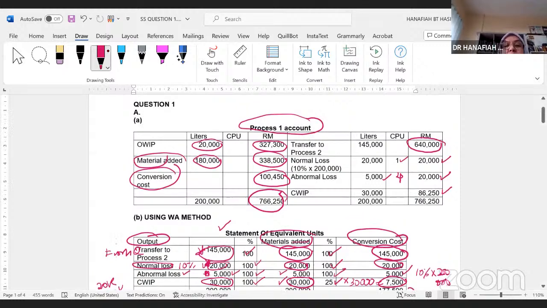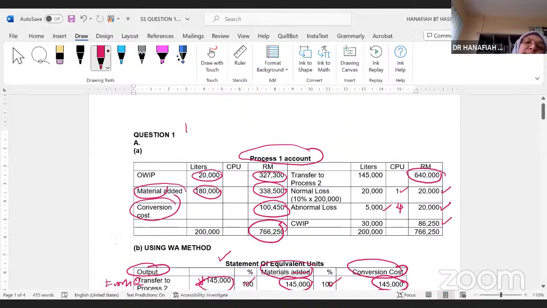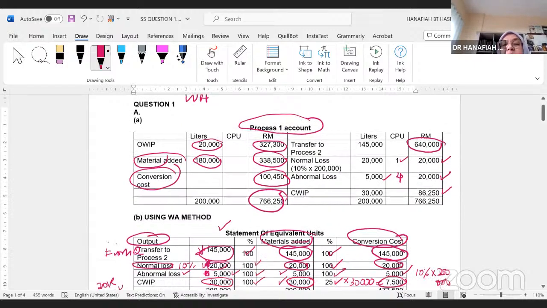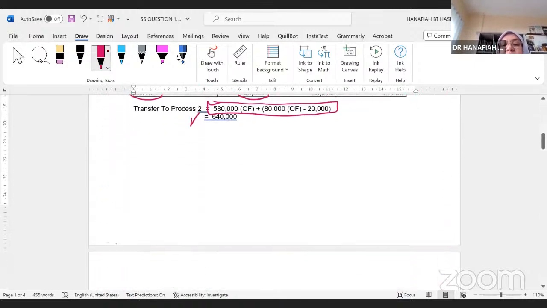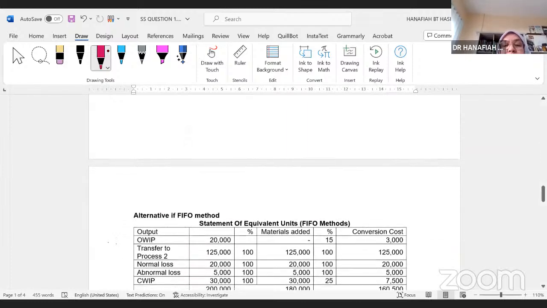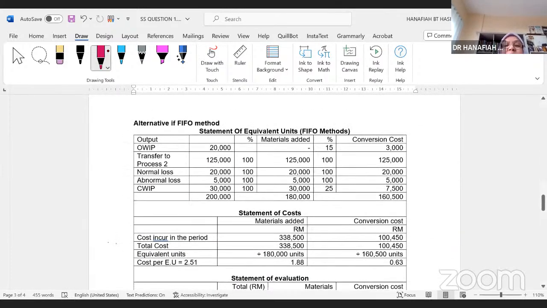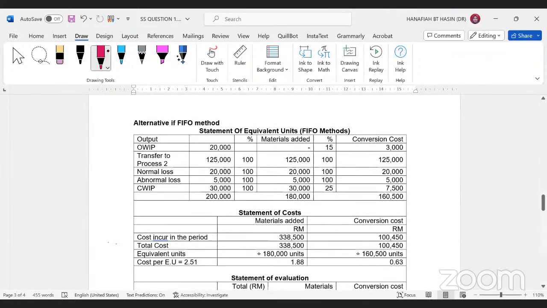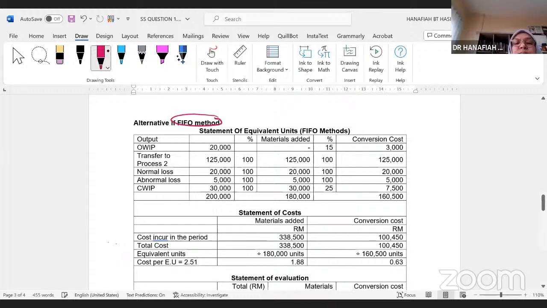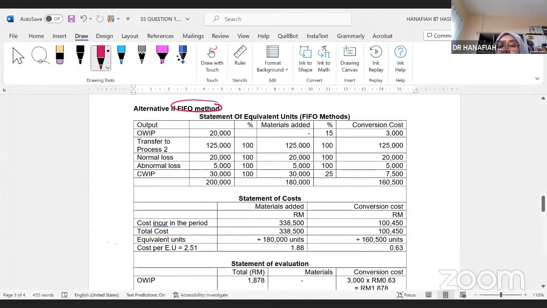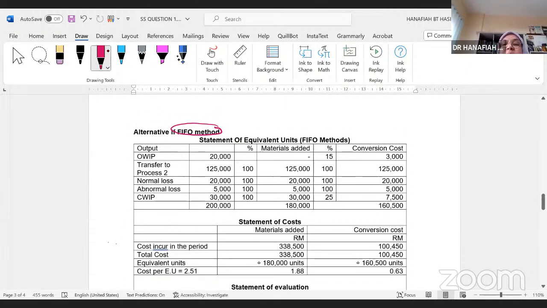This is the weighted average method. This is slightly different from the FIFO method. I prepared another method for you, where maybe you can look at the difference later.